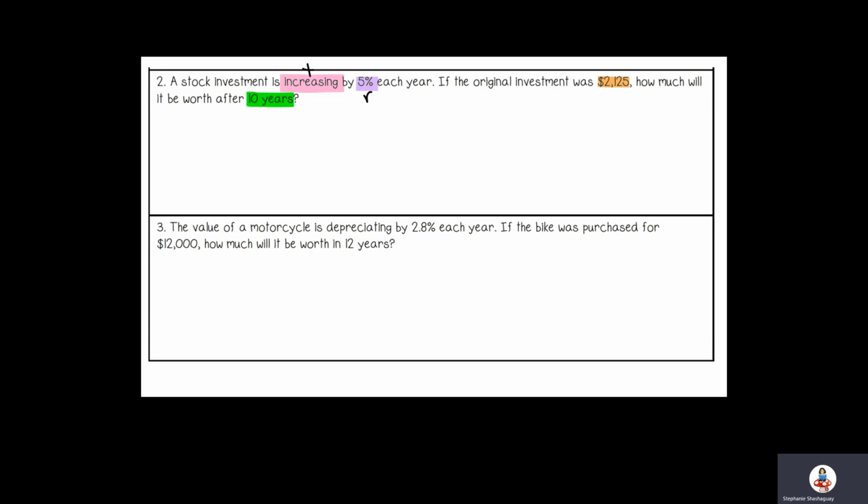So my equation is going to be y is equal to 2,125 multiplied by 1 plus, because I'm increasing, 0.05 to the 10th power. When you do 1.05 to the 10th power, you get 1.63.